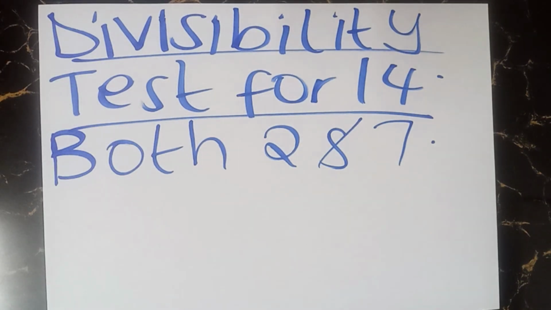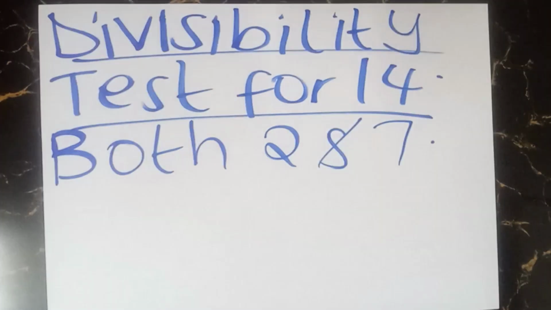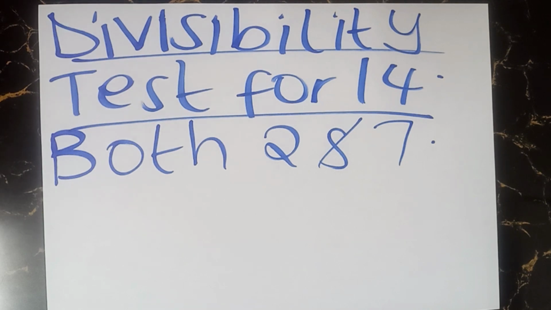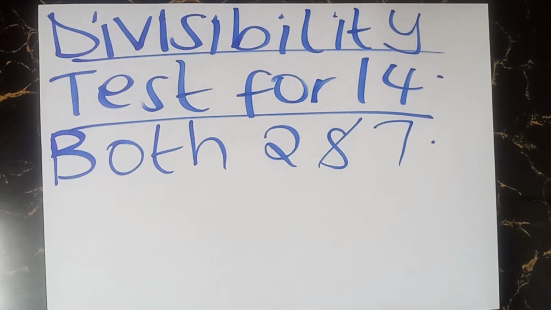And if I may ask, why do you think we should only care about the divisibility test for 2 and 7 in order to know if a number is divisible by 14? Like, why can't we look at other numbers like 3 and 5, for example? The same reasoning that I gave for the divisibility test of 6 and 12 is what we'll use here, okay?